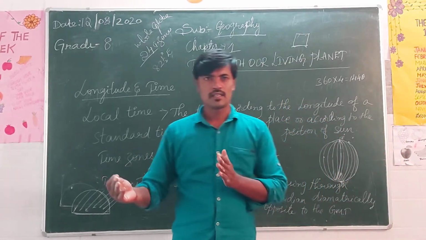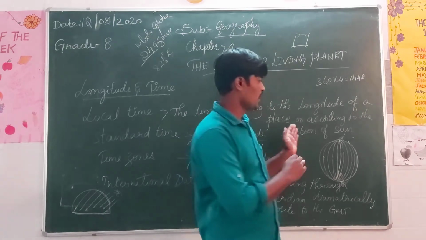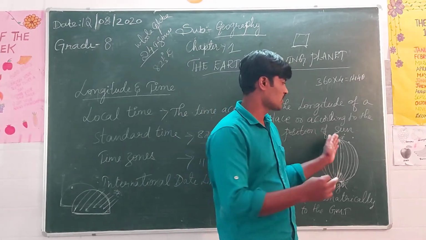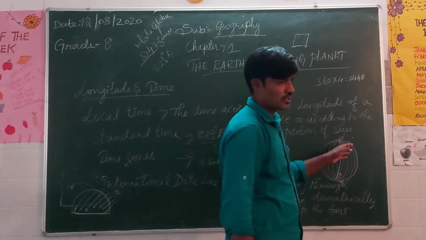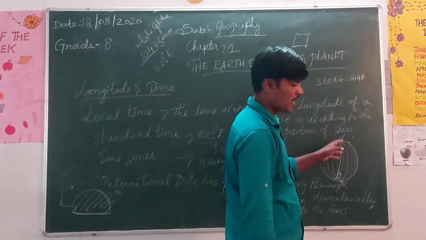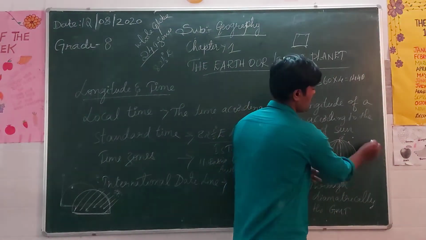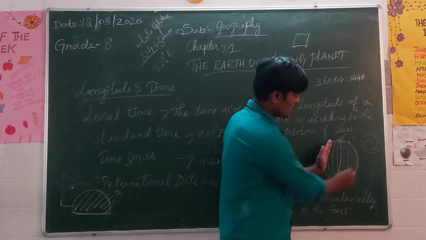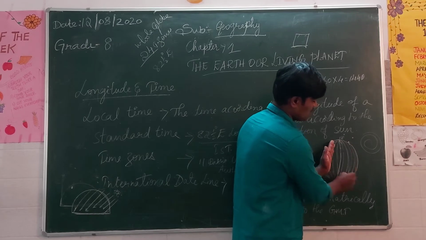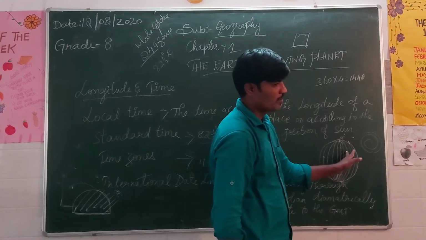When the sun passes from one meridian to another, the Earth rotates from west to east, anti-clockwise. So the eastern countries gain time, that is, time will be added.